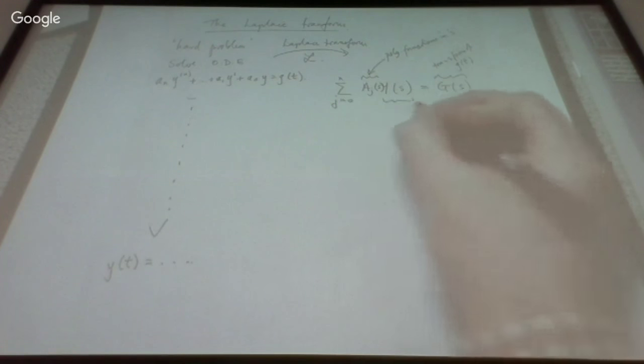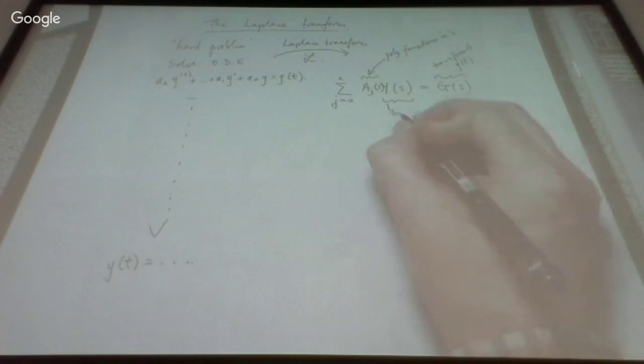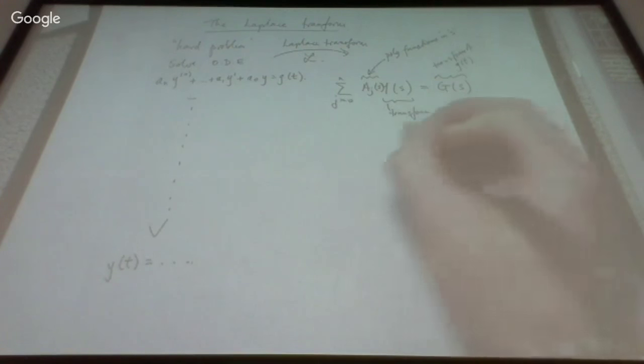And this function here, capital Y of S, is the transform of Y. Of course, that's unknown to us, because we're trying to solve the original differential equation for the function y. So we don't know what y is, so we don't know what this capital Y of S is. But if we assume it exists for the moment, we can use it there in a limited sense.